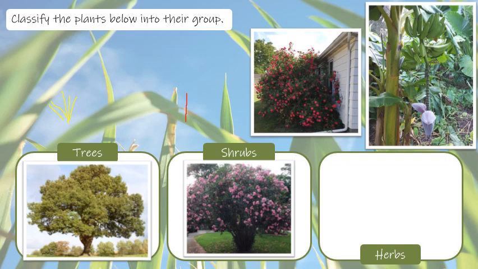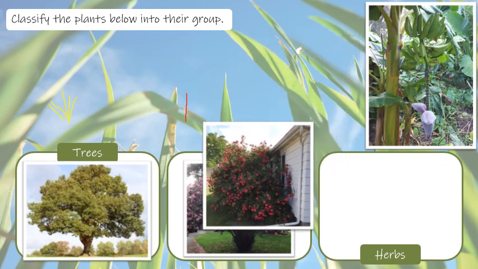Look at the third plant. Does it have the same size as the tree that we just saw? Or is it a bit smaller? Is it so small like herbs? No, this plant has a medium size and we can tell that it has many woody stems. So this plant is a shrub.